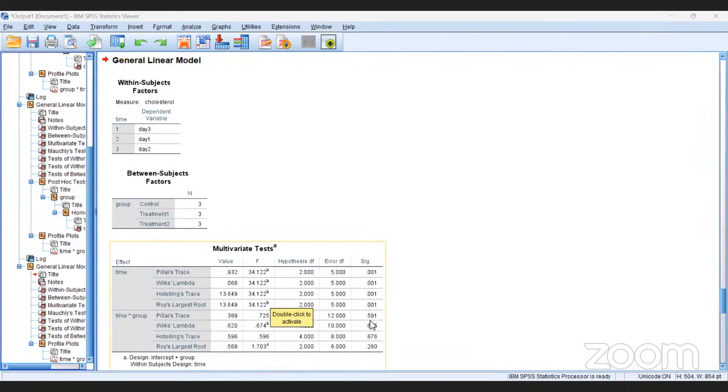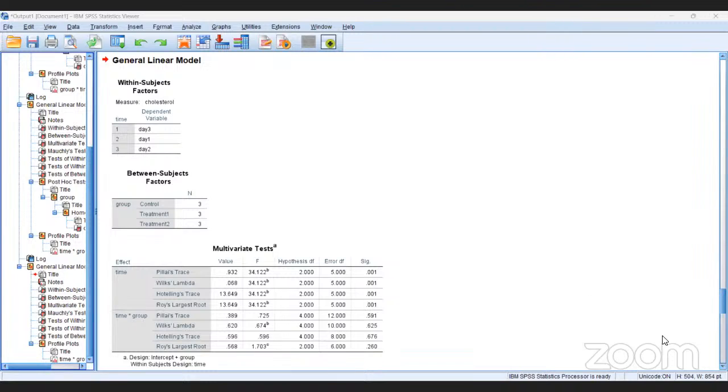Okay, so this is a good one. That is, you have noted only the significant difference over the periods.